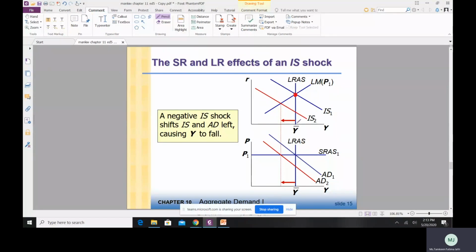I explained to you earlier in chapter 9 that the long run aggregate supply curve doesn't depend upon the prices. In the long run production depends upon the factors of production and the technology. As long as those are constant, Y bar is constant. So I can position my long run aggregate supply curve at this point. So ये मेरा initial equilibrium है.